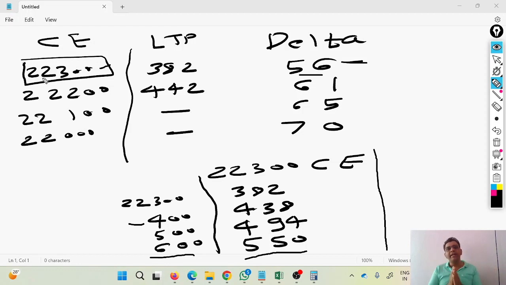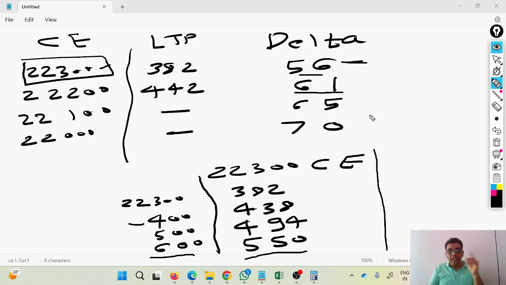It has not remained at the money. Earlier when I bought, it was at the money. Now that Nifty has gone up by 100 points, 22,300 has become in the money. As it has become in the money, my probability of winning will increase, right? When my probability of winning increases, naturally my delta will increase, because delta shows the probability of winning. So naturally my delta will become 61 over here.